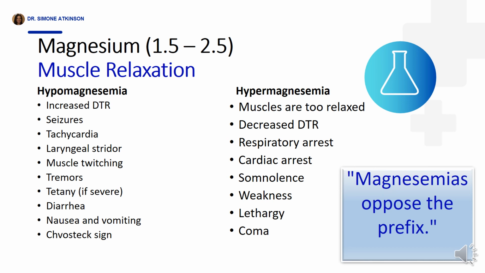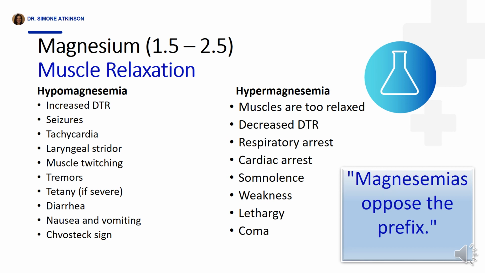So this aligns with magnesium's general theme of inducing muscle relaxation, and high magnesium relaxes muscles. However, in cases of low magnesium levels, the opposite will occur. Muscles become excessively excited, leading to increased deep tendon reflexes, seizures, tachycardia. So essentially, everything gets amplified with the low magnesium level.